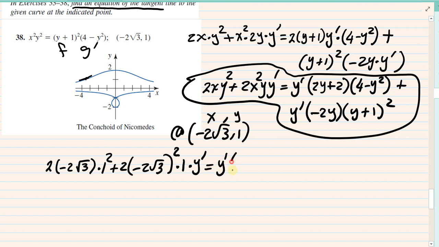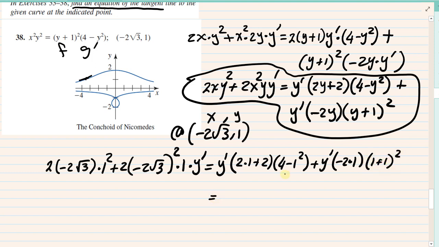The right side is entirely made up of y and y prime. That's good because y is 1. That's 2 times (1 plus 2), times (4 minus 1 squared), and then plus y prime times negative 2 times 1, times (1 plus 1) quantity squared.